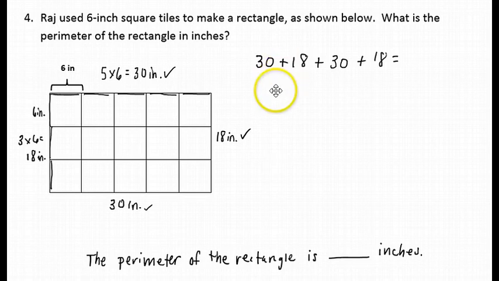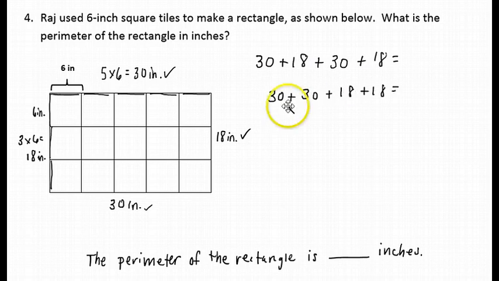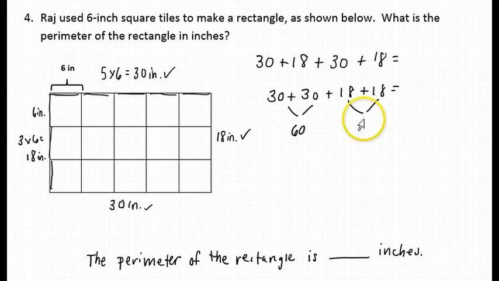We have 30 plus 30 plus 18 plus 18. 30 plus 30 is 60. 18 plus 18, well, 8 plus 8 is 16, plus 10 plus 10, that would be another 20, would be 36. 60 plus 36 is 96. That means the perimeter of the entire rectangle is 96 inches.